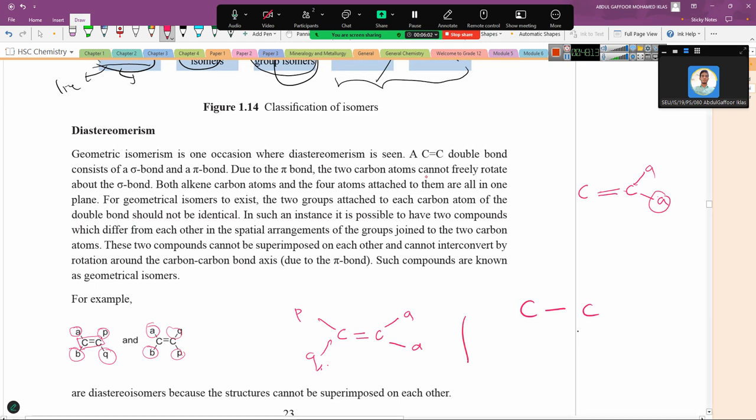You fix these two books with the pen. I'm just telling you this example, right? Can you freely rotate these two books around the pen? Yes or no? No. Why?